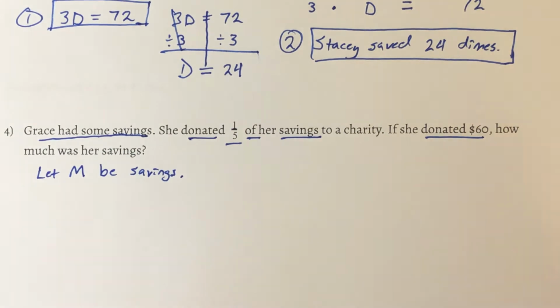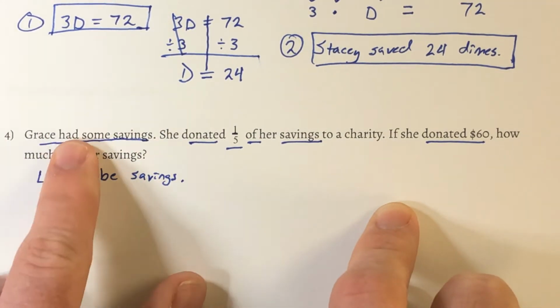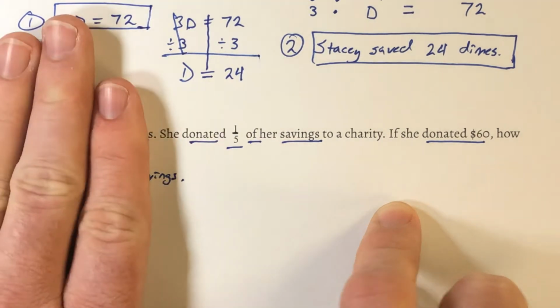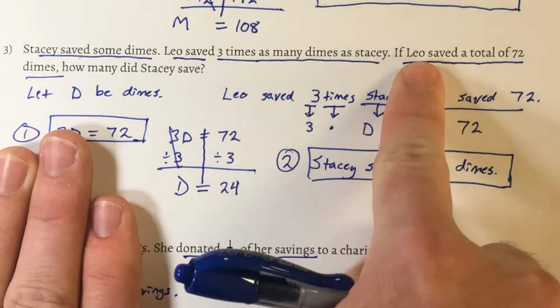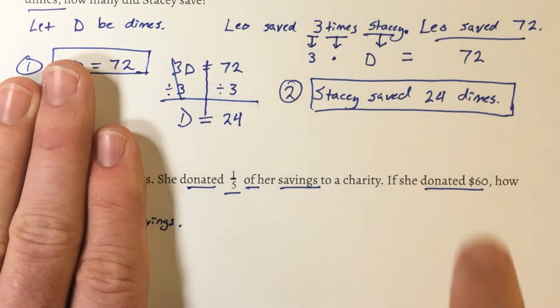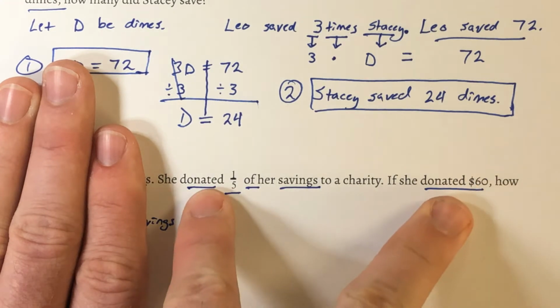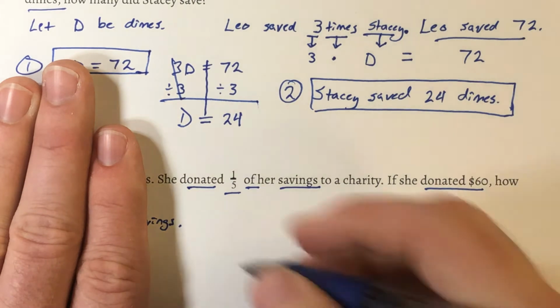Okay. Again, I'm going to leave this part off and focus on this part. Why? Because it repeats itself, just like the previous question said. She donated 1/5 of her savings. She donated $60. So this is all about what she donated. Donated is going to be on both sides of our equation.